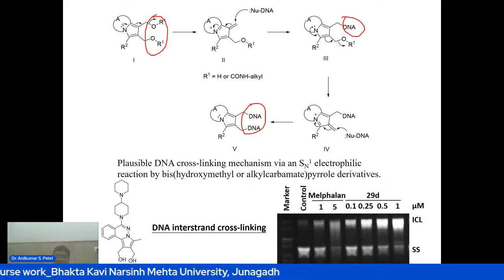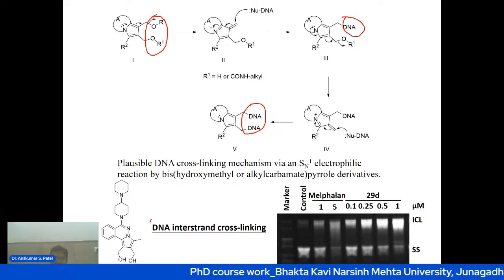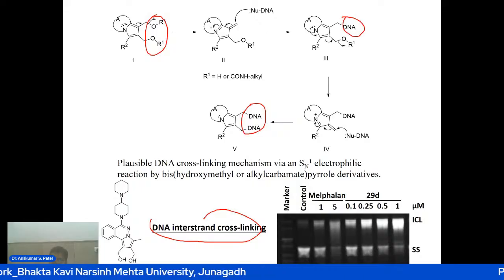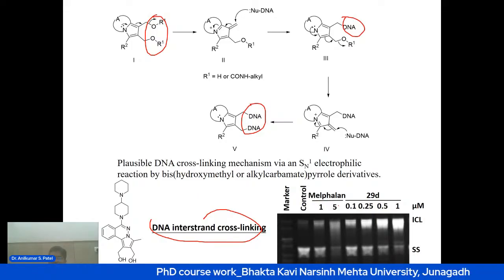So for our most potent compound, we checked for DNA interstrand cross-linking. We took melphalan as a standard drug, and we took our compound at 0.1, 0.25, 0.5 and 1 micromolar. Here we took melphalan at 1 and 5 micromolar.